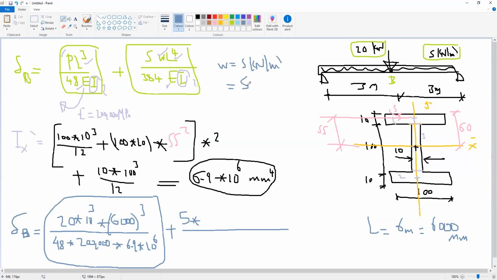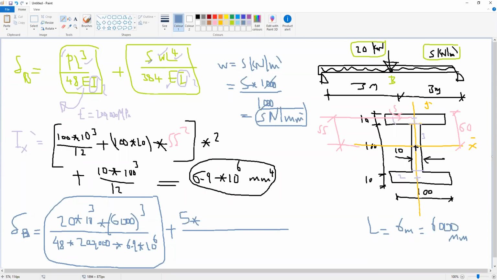To convert kilonewton to Newton, we will multiply by 1000, and to convert meter to millimeter, we will divide by 1000. So the final result will be 5 Newton per millimeter. This means that kilonewton per meter is equivalent to Newton per millimeter.